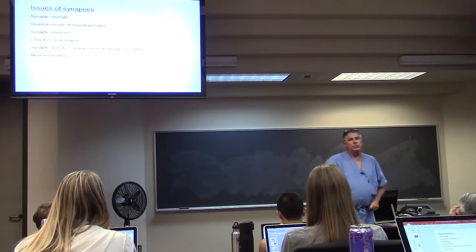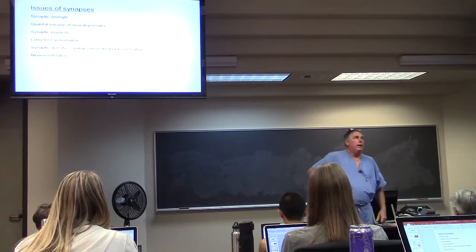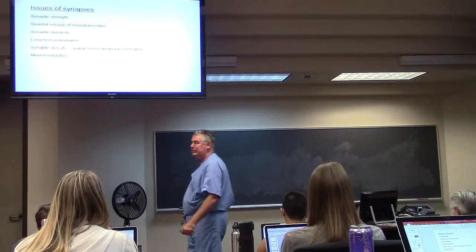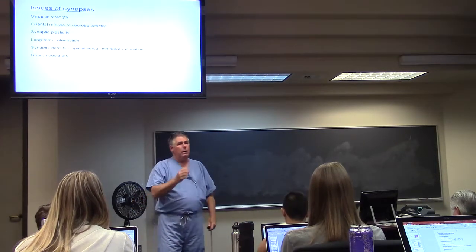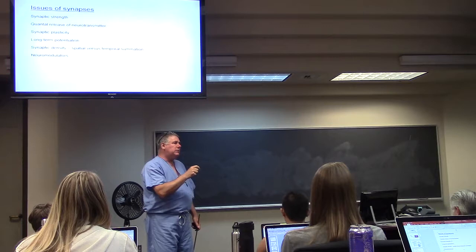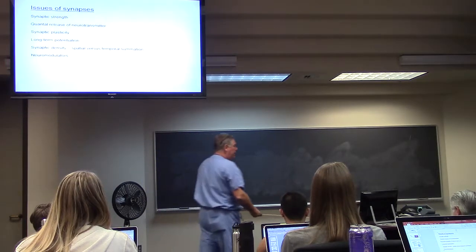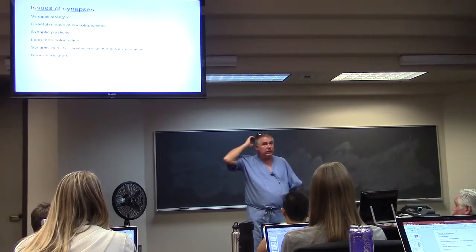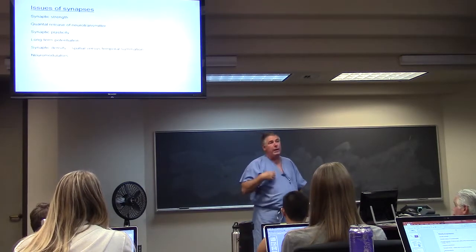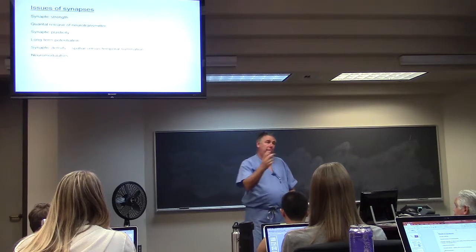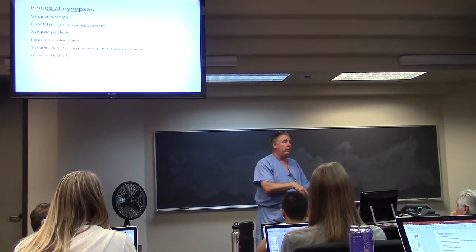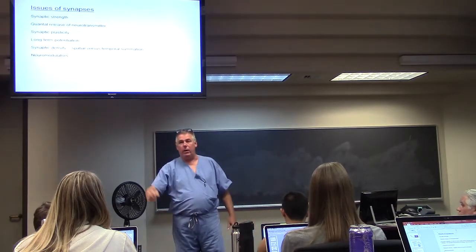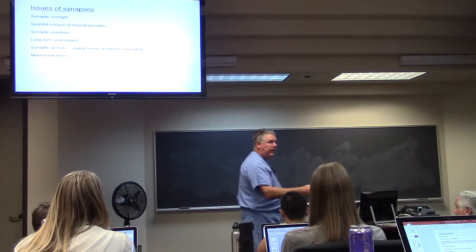Now there are some terms and concepts you need to know in the nervous system. One of them here is synaptic plasticity. Synaptic plasticity means that there is some ability of the nervous system to change the synaptic connections in your nervous system. We can't seem to direct it very well, but the neurons can. One example is, when you're born, you have a set number of neurons. When you're an adult, you have the same number of neurons.